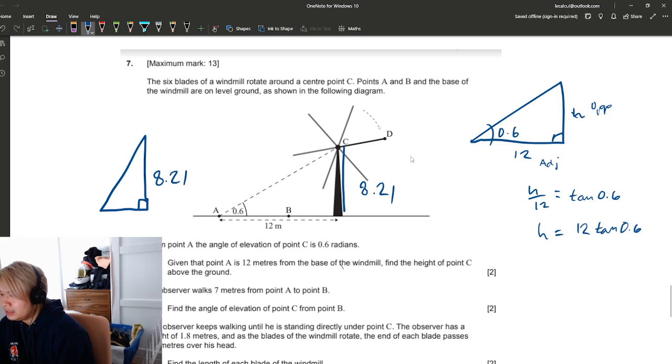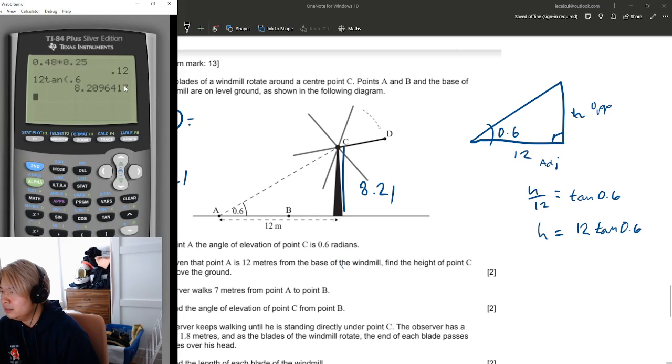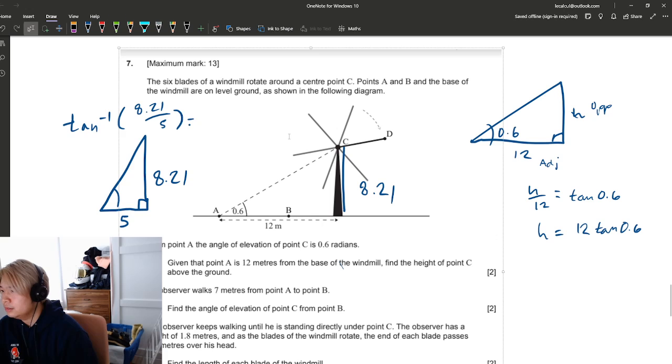So that means that this is, what's 12 minus 7? 5? And then they want you to find the angle of elevation, this angle. All right, so that's just arctan or inverse tan. So we can do that in a calculator real quick. There, 1.02.